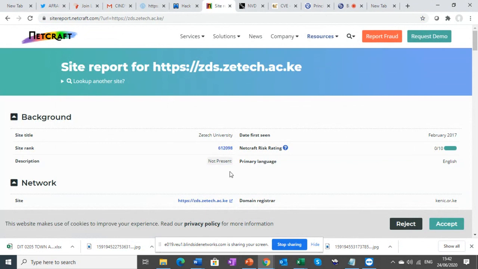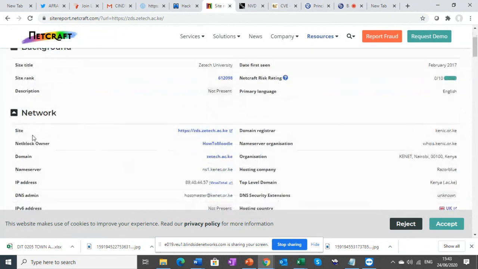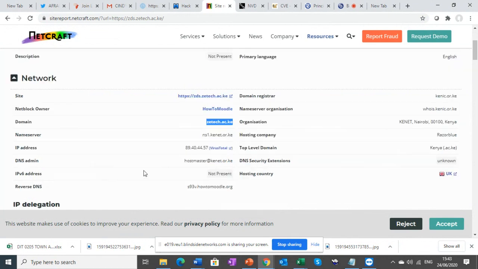You're able to see the site ranking, how it's ranked, the description (there's no description), and the network owner, how to Moodle. Remember we normally use Moodle. And the domain: who owns that site. So this is the domain. Remember we have two domains under this. This is a subdomain of one of our domains. And the name server, and the IP address which is in use, just in case you want to know which IP address is normally used.